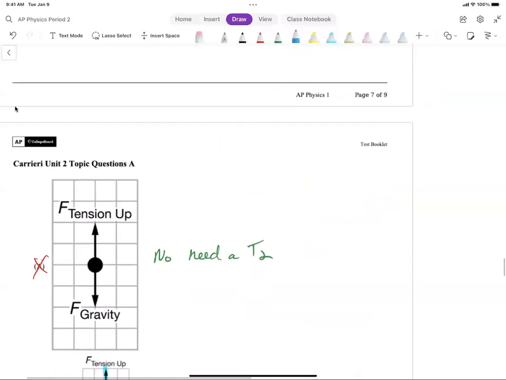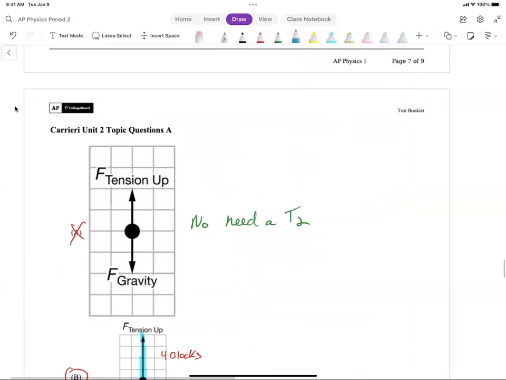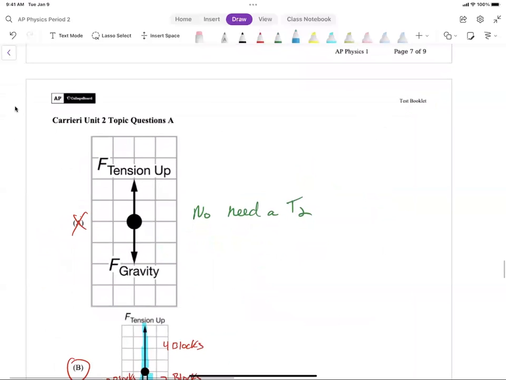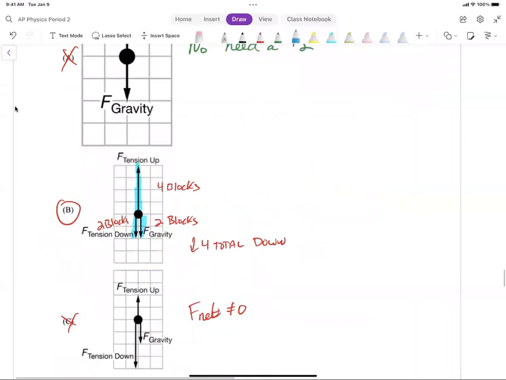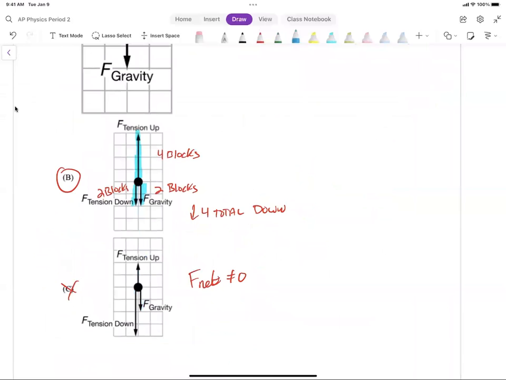And if I go through here and look at the answers, first off, A should immediately not be a possibility because there's no T2 on there. Secondly, B, that one's the correct answer. I looked at tension up. I counted the number of blocks. That's 4. I looked at the other 2 vectors. They're 2 each. 2 plus 2 is 4.